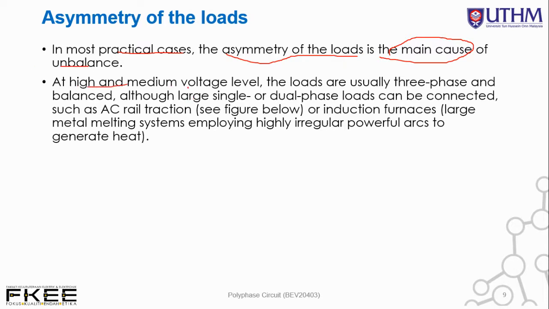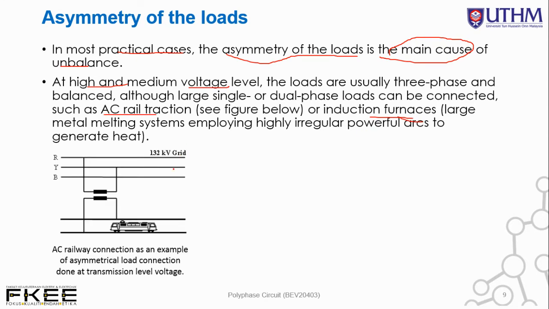At high and medium voltage level, the loads are usually three-phase and balanced. Although large single or dual phase loads can be connected, such as AC traction, see figure below later, or induction furnace, large metal melting systems employing highly irregular powerful arcs to generate heat. So the furnace as well as the AC traction.